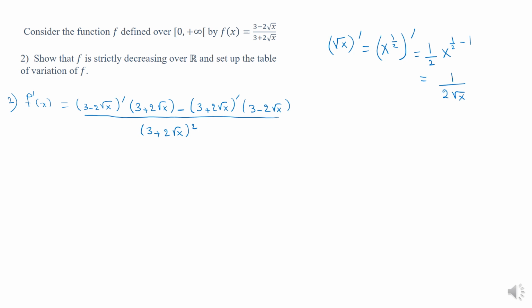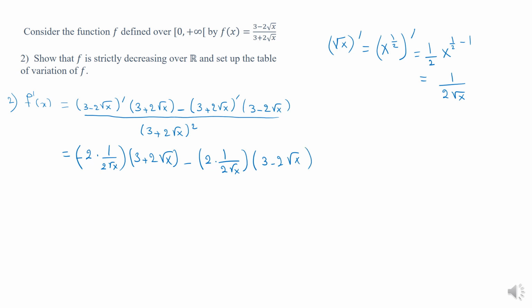Back to our derivative. 3 minus 2 radical x prime is the derivative of minus 2 radical x, so it is minus 2 times 1 over 2 radical x, times 3 plus 2 radical x, minus the derivative of 2 radical x, which is 2 times 1 over 2 radical x, into 3 minus 2 radical x.